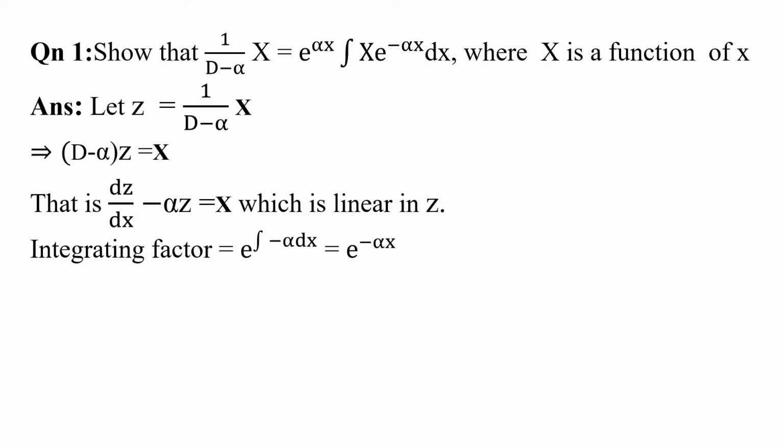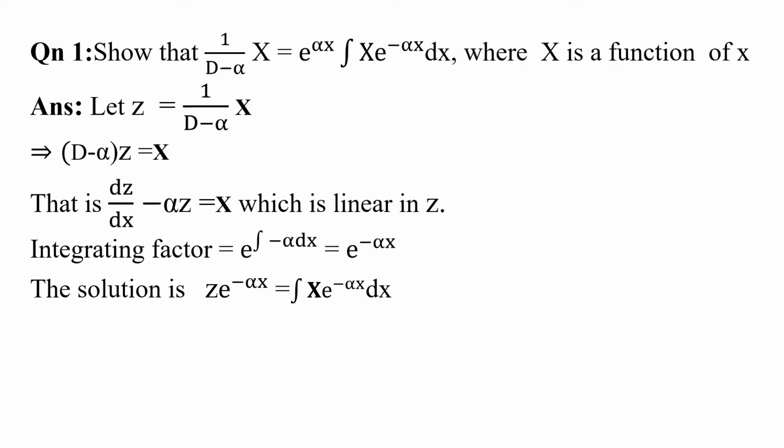The solution of this linear differential equation is given by z times the integrating factor, that is z e^(minus alpha x), equal to the integral of the right hand side function, that is capital X times the integrating factor, so integral of X e^(minus alpha x) dx.